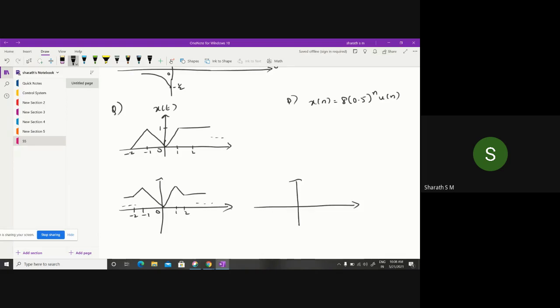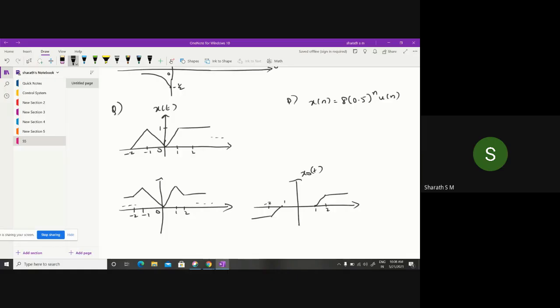So this is the even signal. -1. So this is the odd part. So this is the final signal we are able to get.